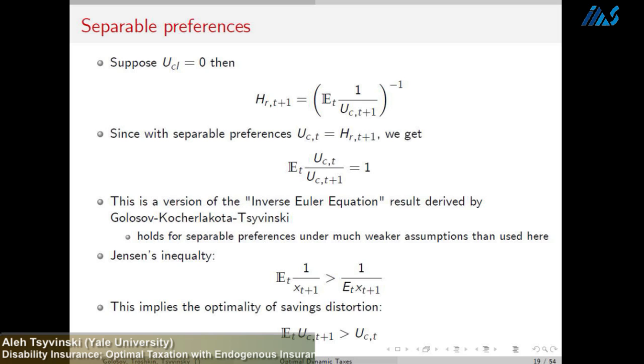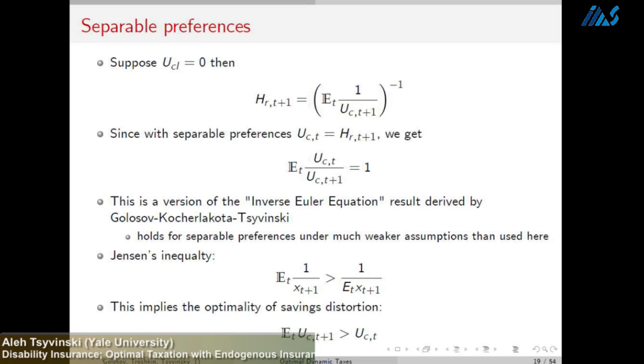the inverse Euler. So why do you get 1 over u prime? I guess this is a part of the answer for the separable case between consumption and labor: the indirect marginal utility of moving R units of the resource in the future is, with separable preferences, exactly equal to this inverse. Okay?